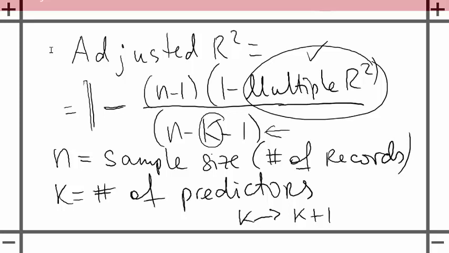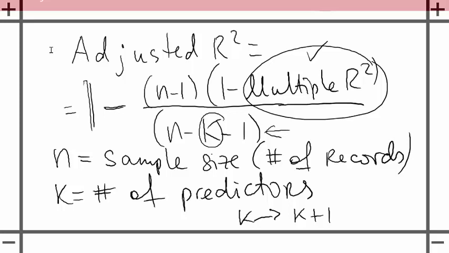That's the purpose why it was designed and introduced by statisticians. Adjusted R squared will start going up if you add a good, significant variable. If you add a garbage variable, adjusted R squared will start going down. It will punish you. So this is basically a way to control the amount of useless or garbage variables.